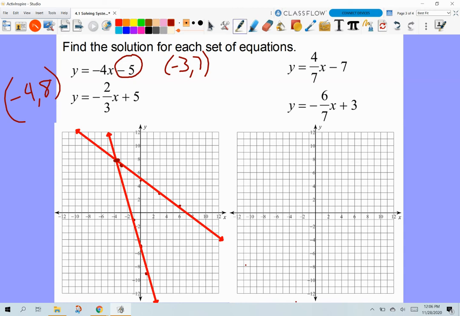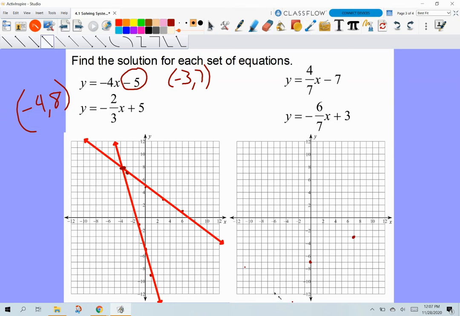All right, so the second one here, I'm going to do the same thing. I'm going to graph starting at negative 7, and then 4 up, 7 to the right. So I've got my line here.